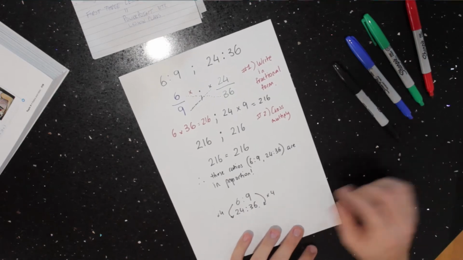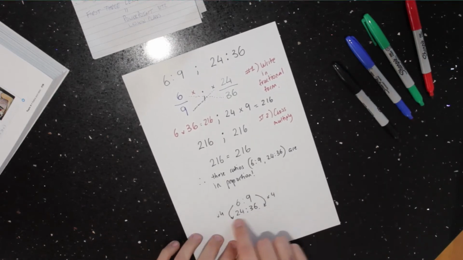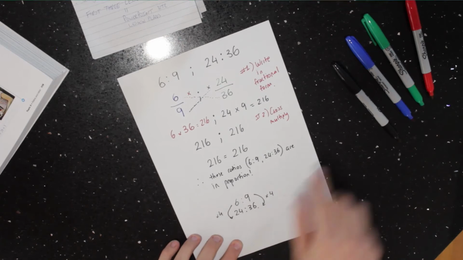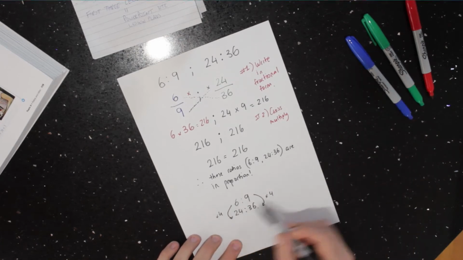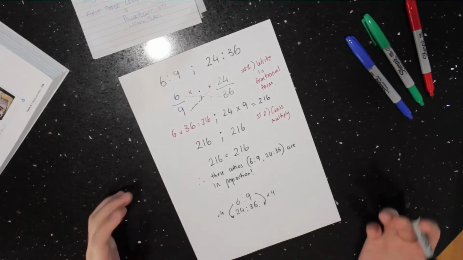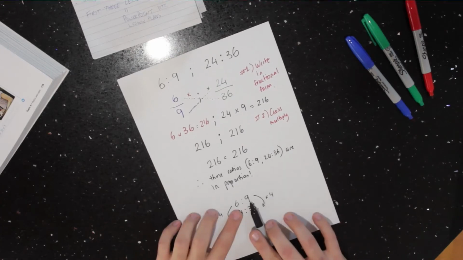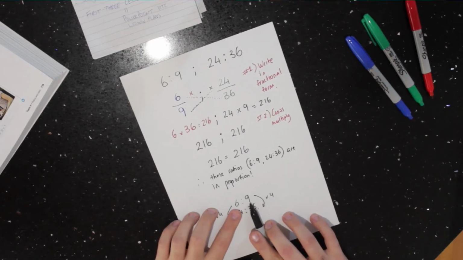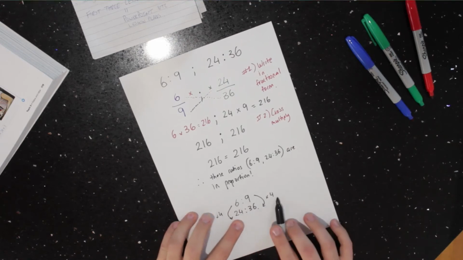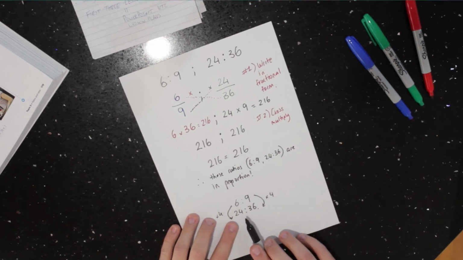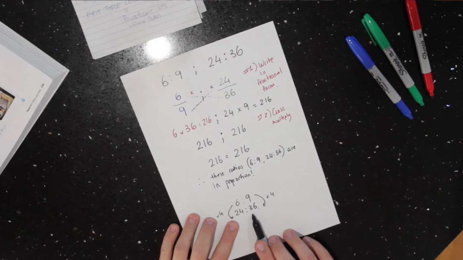So we can see that this is the same ratio because I haven't changed it, in the sense that I've multiplied it by 4 on each side. So I've kept these equivalent or the same. By multiplying them both by 4, 24 is to 36.